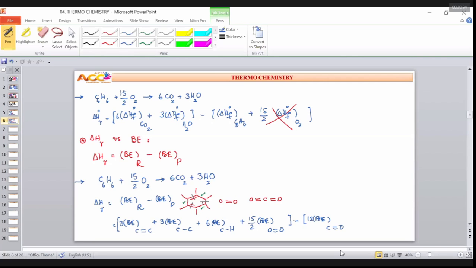Every molecule has 2 C double bond O, and I'm writing 6 moles of carbon dioxide. Plus bond energy of water. Who is that fellow? Water is this fellow. O-H bonds. How many O-H bonds? 2 O-H bonds. How many water molecules? 3 moles. Therefore, if you want to write down the reaction in terms of bond energy, remember it is bond energy of reactants minus bond energy of products. Take down this.